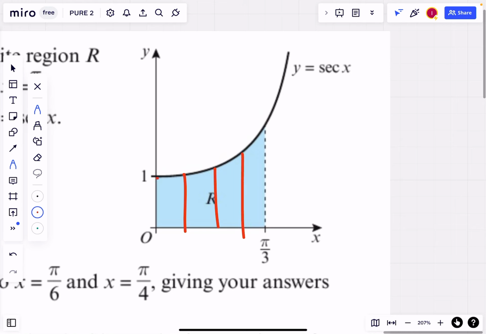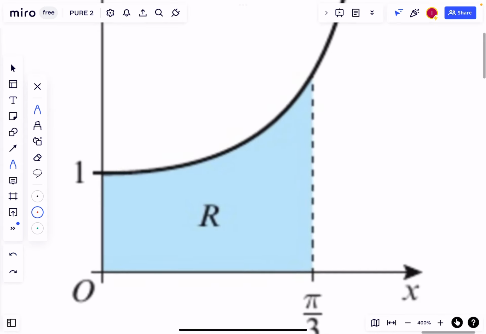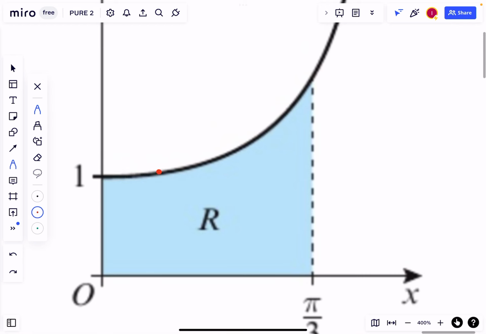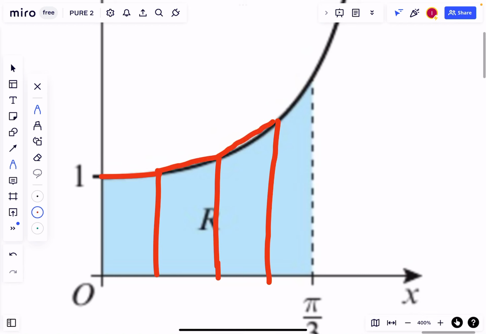If I connect them like this. Let me redo that actually. And let me get a bit closer. Let's do it like that. I think this is as close as I can get. Now if I connect them, I get this.